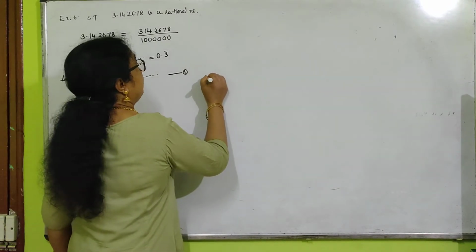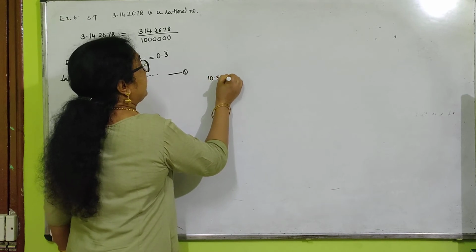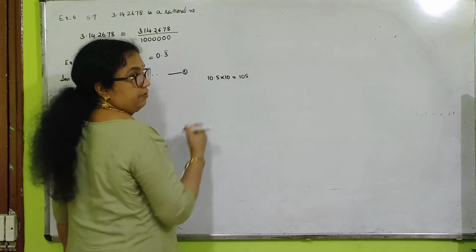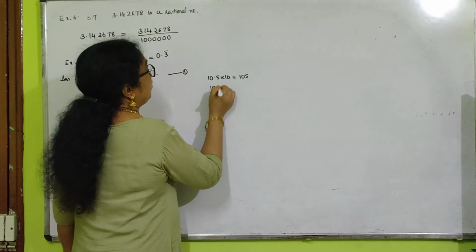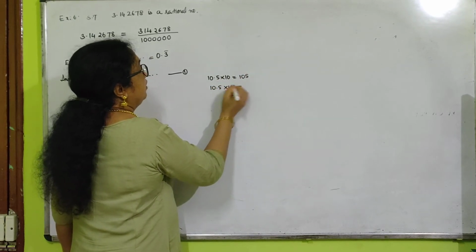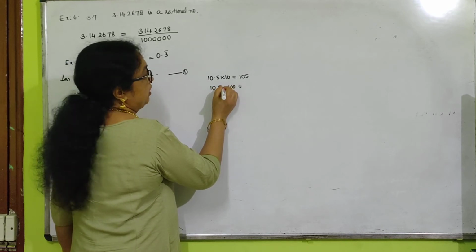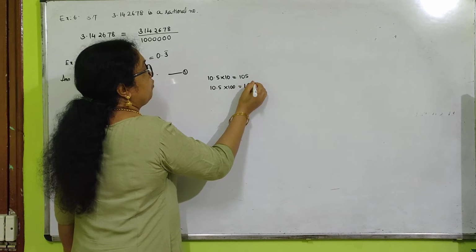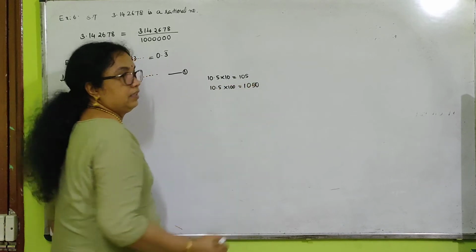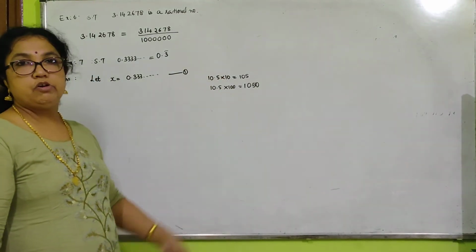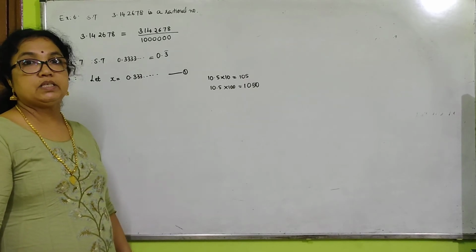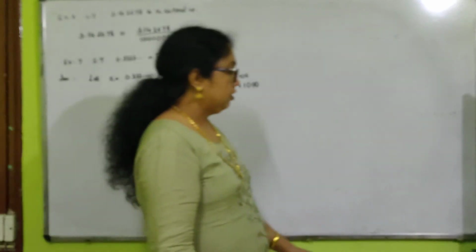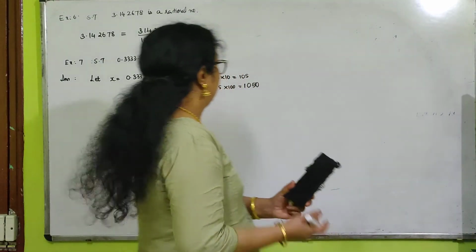If 10.5 is multiplied by 10, the point moves and it becomes 105. If multiplied by 100, the decimal moves 2 digits to the right. This you have already learned, how decimals are multiplied by 10, 100, and the same way division. Using that only I am doing here.